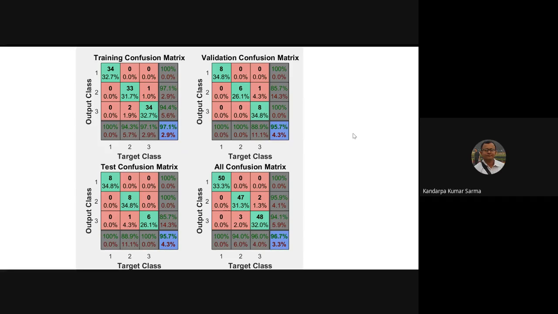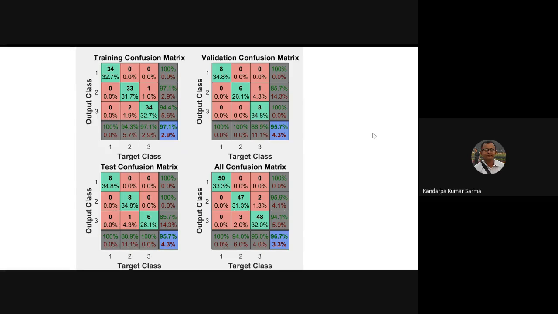Now the confusion metrics gives us several things together: true positive, true negative, false positive, false negative, then precision, specificity. There are so many parameters through which you can describe a pattern recognition performance.